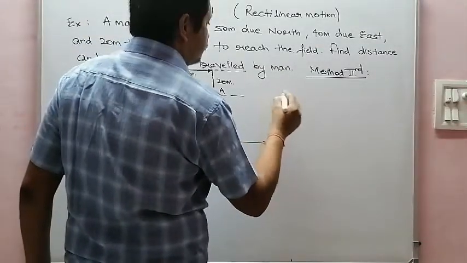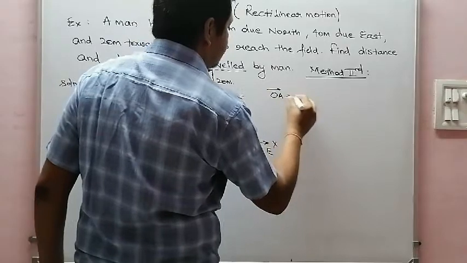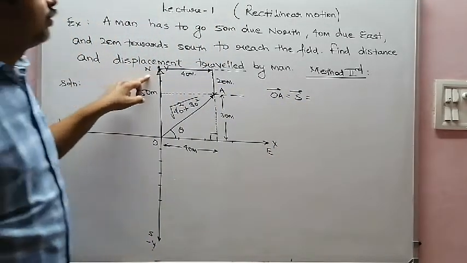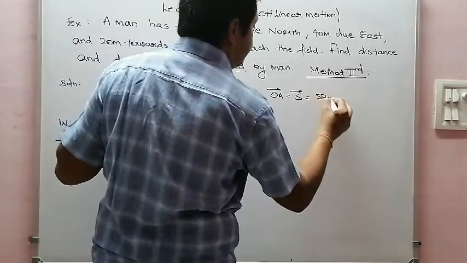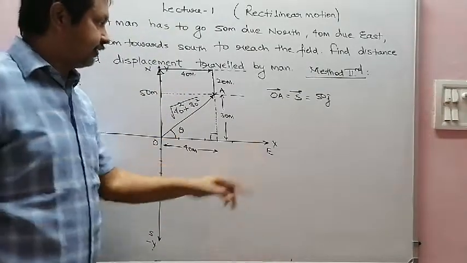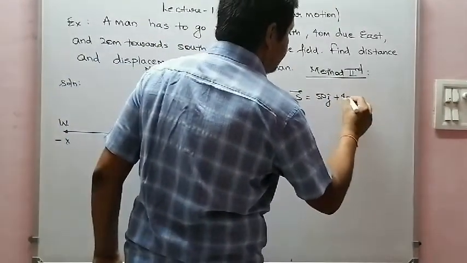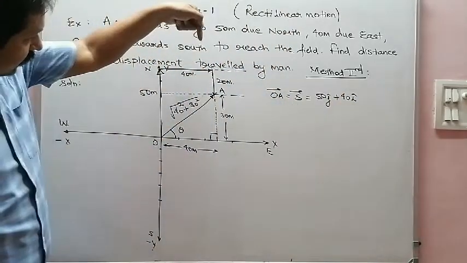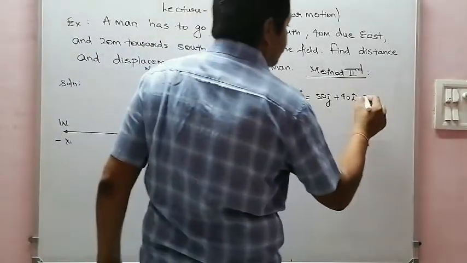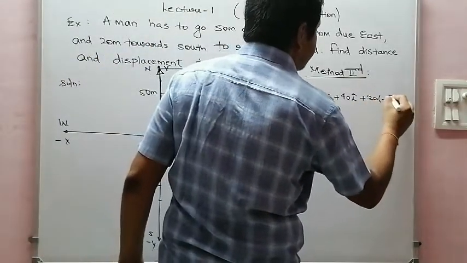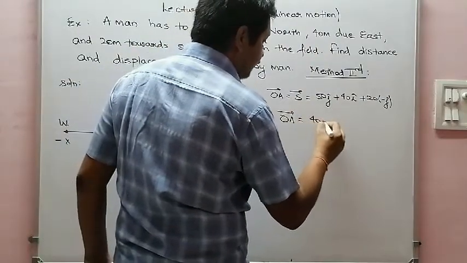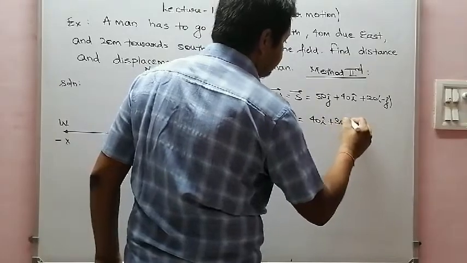So we write OA displacement vector, that is S vector, is 50 meter towards positive y-axis, 50 j cap, 40 meter towards positive x-axis, that is 40 i cap, 20 meter towards negative y-axis, that is minus 20 j cap. So displacement OA vector becomes 40 i cap plus 30 j cap.